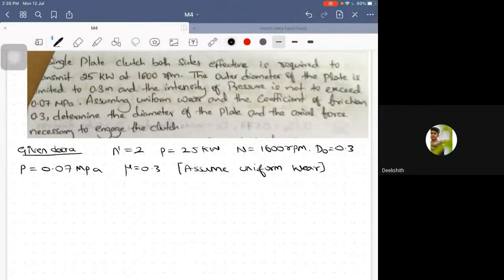So assume uniform wear. Determine the diameter of the plate and the axial force necessary to engage the clutch. So what are the things being asked? What to find here? Anyone?